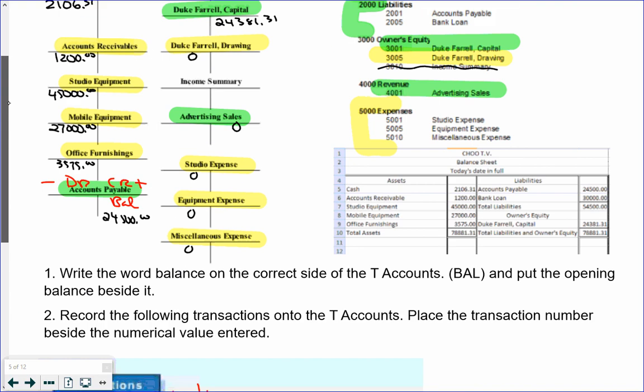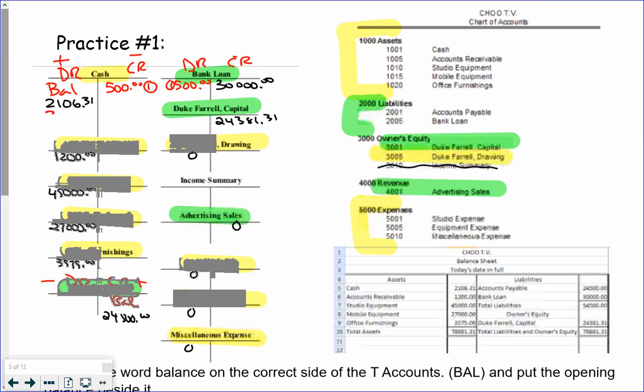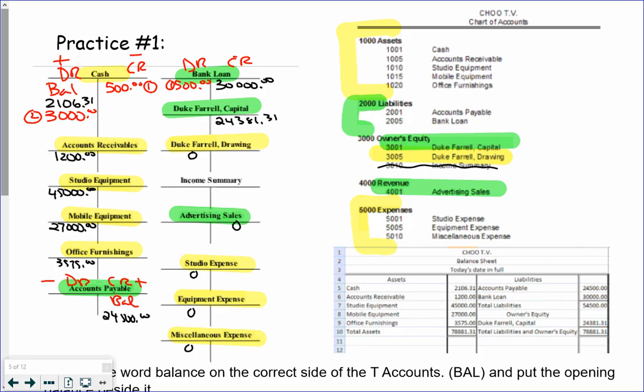So cash is going to get debited 3,000, which means then that revenue, right? Debit, credit, revenue will get credited 3,000. But again, for the green accounts, the credit is the plus. So this gets plussed and this gets plussed because you're on opposite sides of the equation.